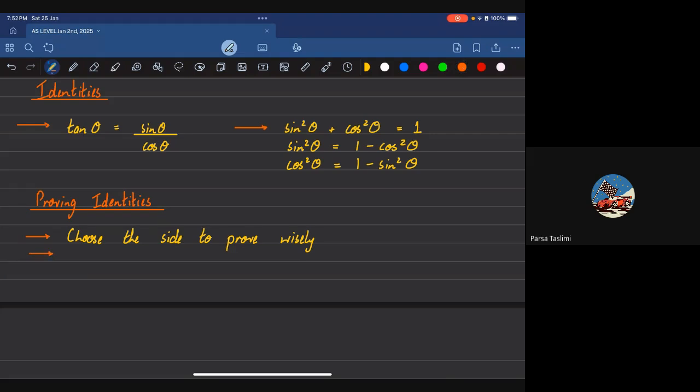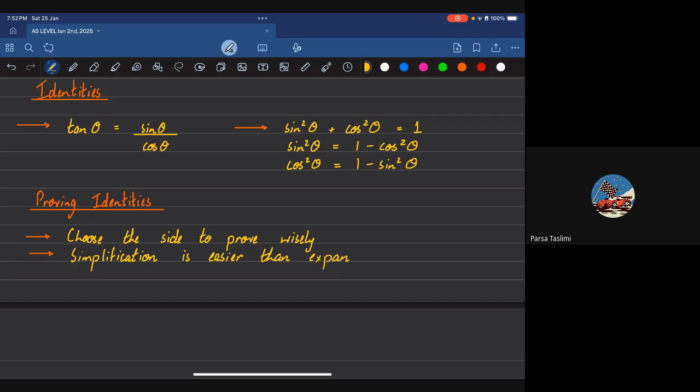Secondly, simplification is much easier than expansion.